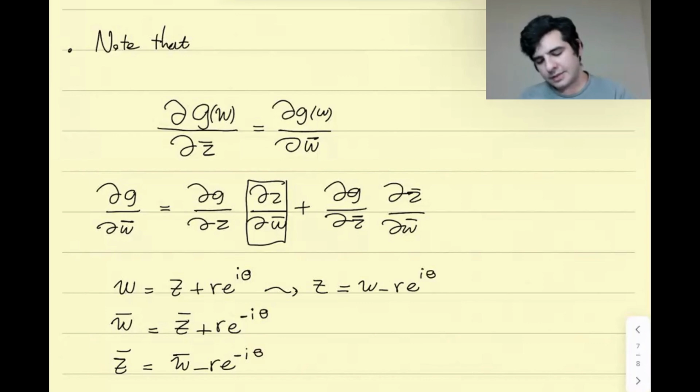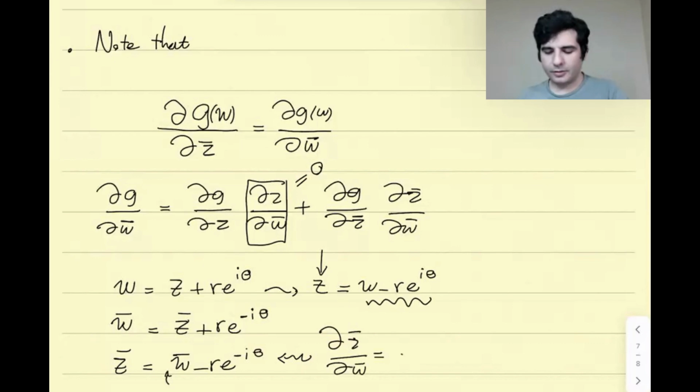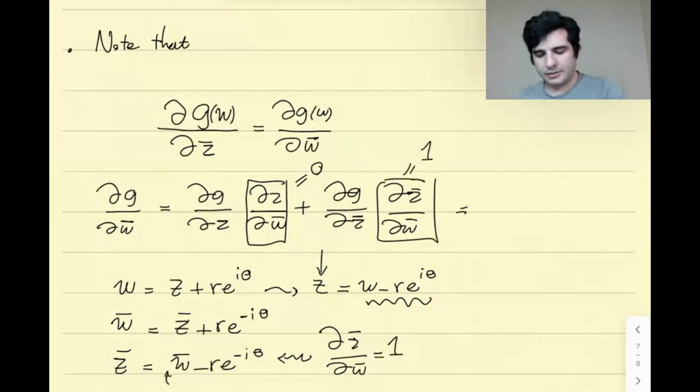So if I take derivative of z with respect to w bar, well, there is no w bar there, so this is 0. And if I take derivative of z bar with respect to w bar, it would be the coefficient of w bar, which is 1. So this is 0, this is 1, which gives derivative of g with respect to z bar. So they are equal. This is pretty straightforward, right?